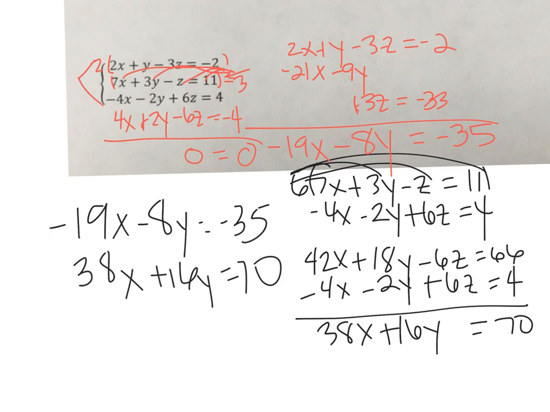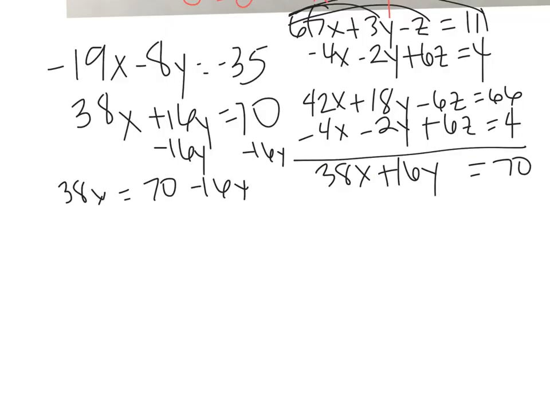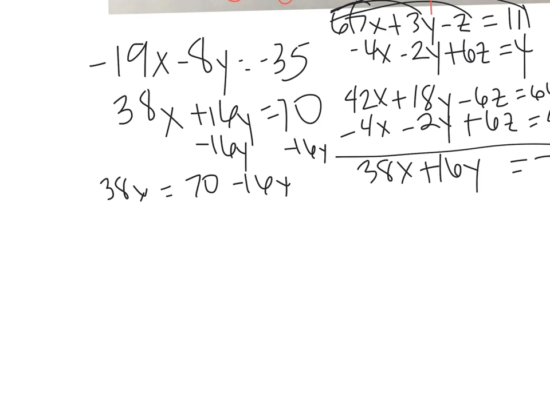So what I mean is, if you take this 38x and subtract 16y on both sides, you're going to be left with 38x equals 70 minus 16y. And so then I'm going to go ahead and solve for x. So I'm going to divide everything by 38.